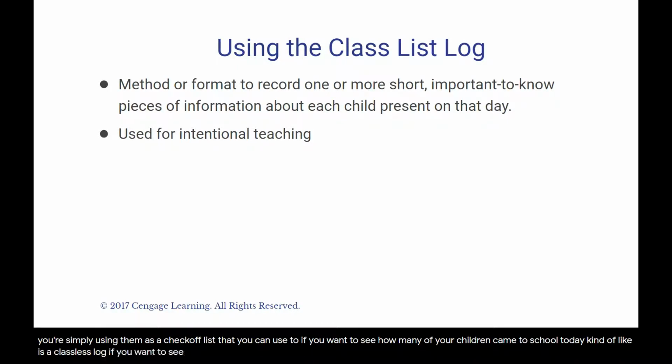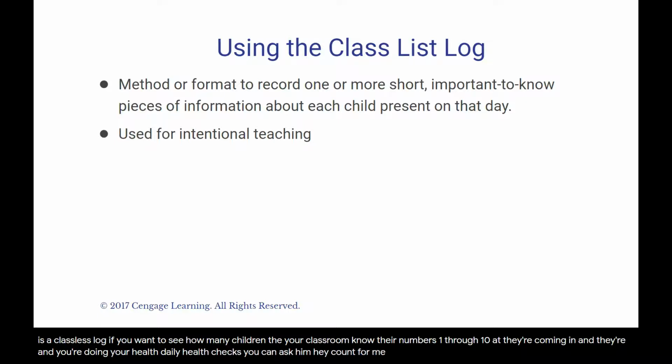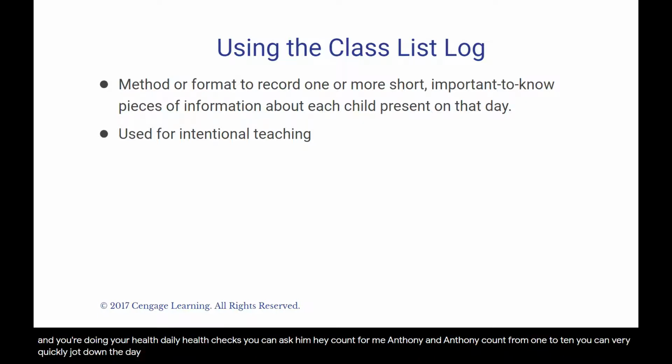If you want to see how many children in your classroom know their numbers 1 through 10, as they're coming in and you're doing your daily health checks, you can ask them, hey, count for me, Anthony. And Anthony counts from 1 to 10. You can very quickly jot down the date, let's say yesterday, 6/19/20, Anthony, quick note, can count from 1 to 10. So it's very simple, not time consuming at all to use the class list log.